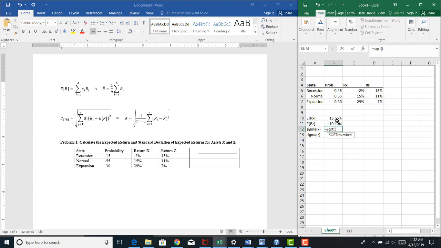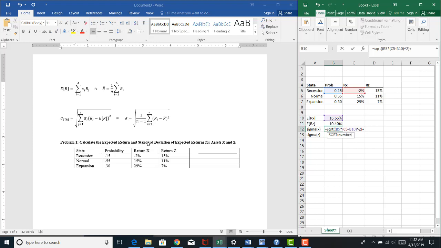Let's do that. So I'm going to take the probability of the first state times the returns for stock X in that first state minus the expected return that we just calculated, and I'm going to raise it to the second power or square it. Does that make sense? So I just followed that formula, and now I have to add across the different economic states, or sum across the states.